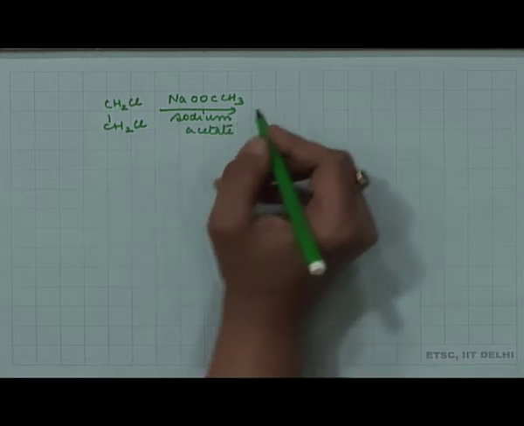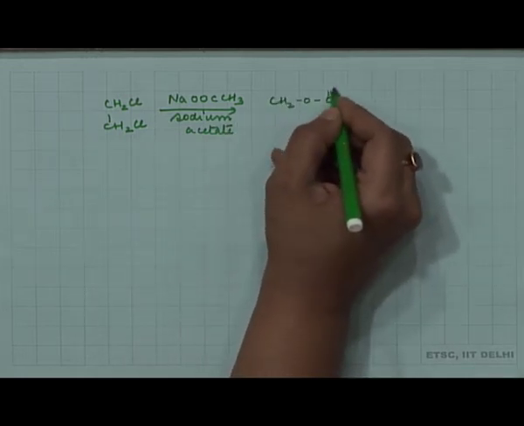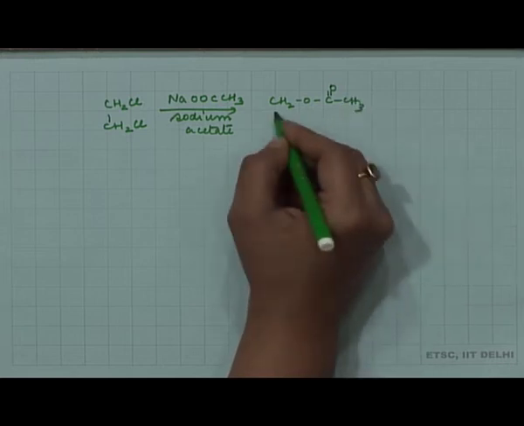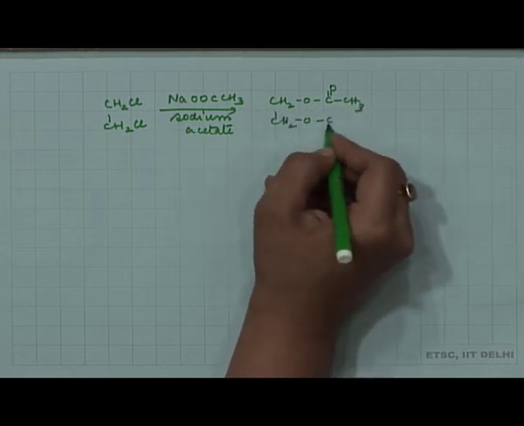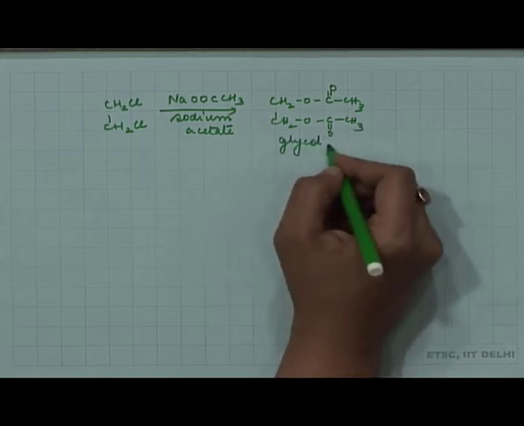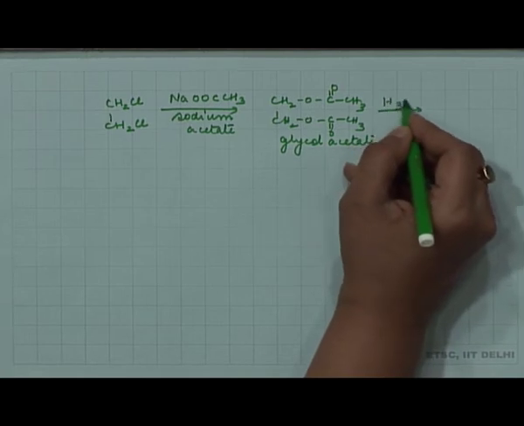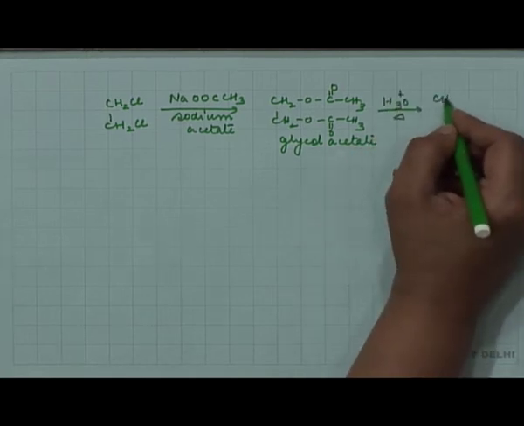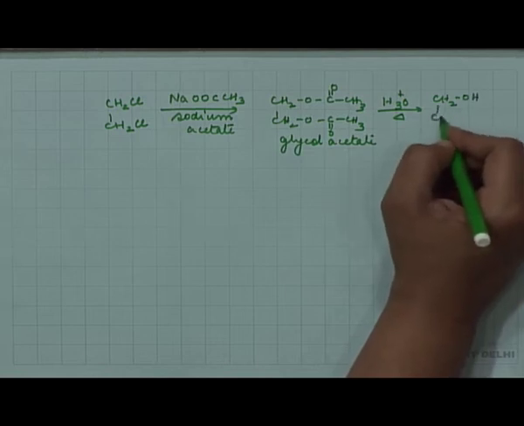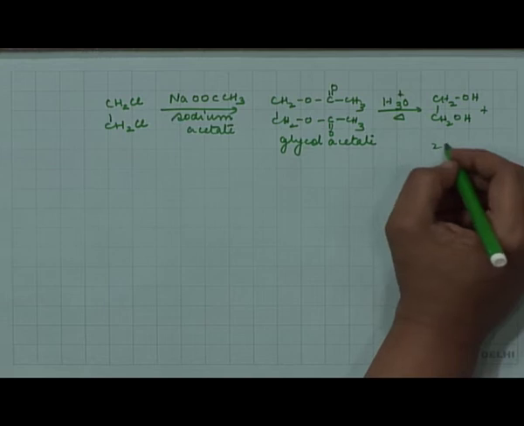This is an alternate route, and you end up with the corresponding diacetate, which is a glycol acetate, and this under acid catalyzed hydrolysis furnishes the corresponding glycol in high yield.